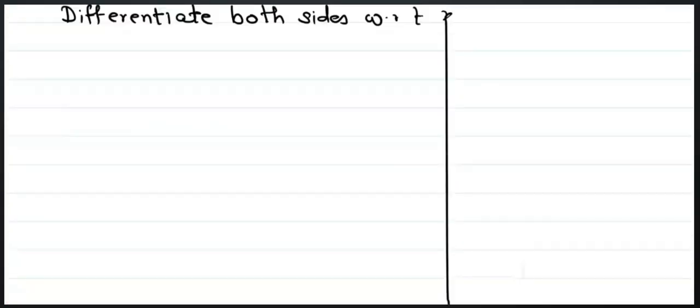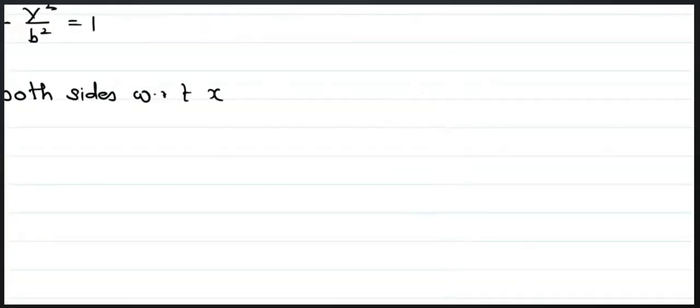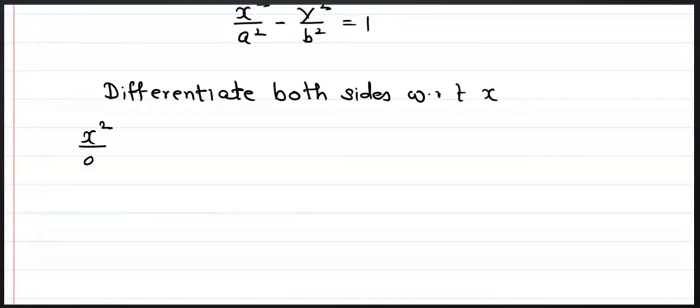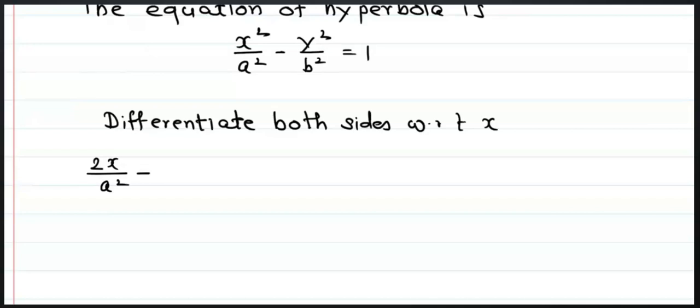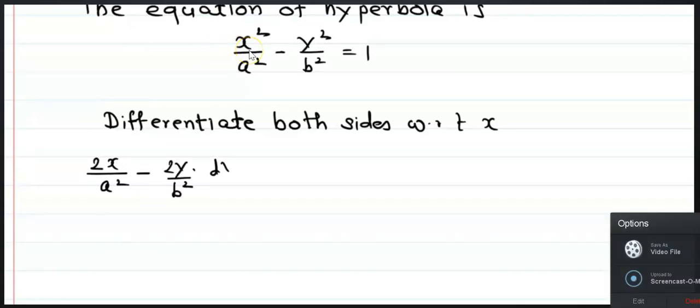Differentiate both sides with respect to x. This is the implicit type of function, and this differentiation you will learn in the 12th standard.